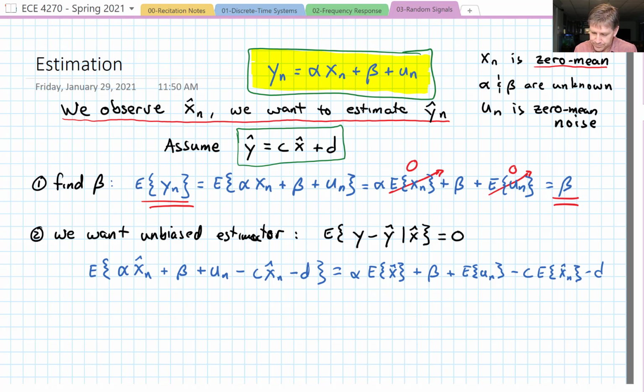Well, that's equal to 0 by definition, and the expected value of x hat is going to be 0.